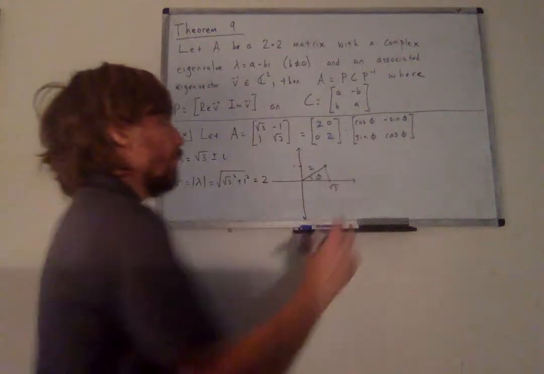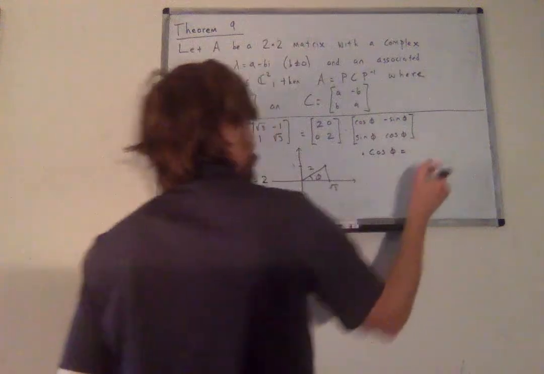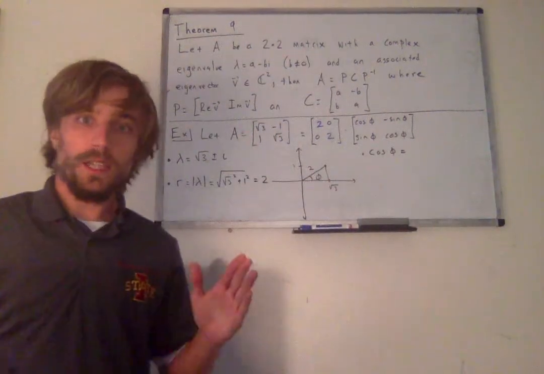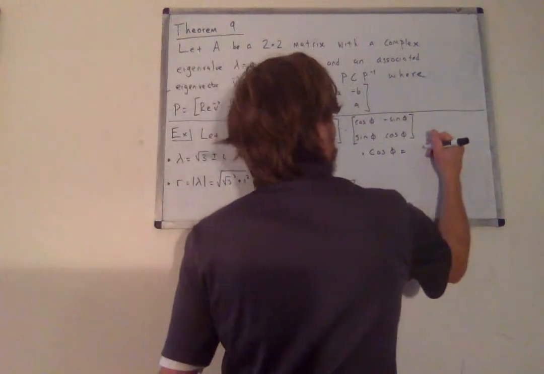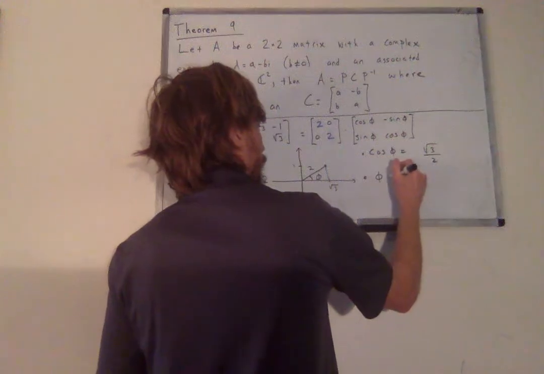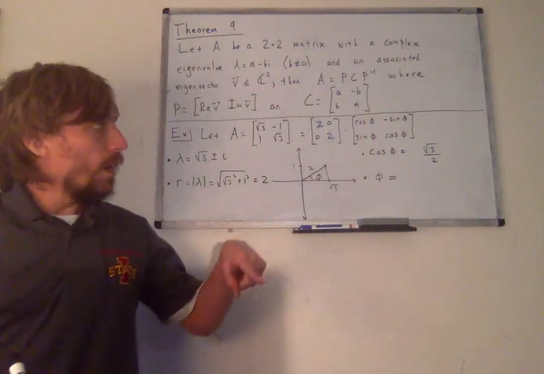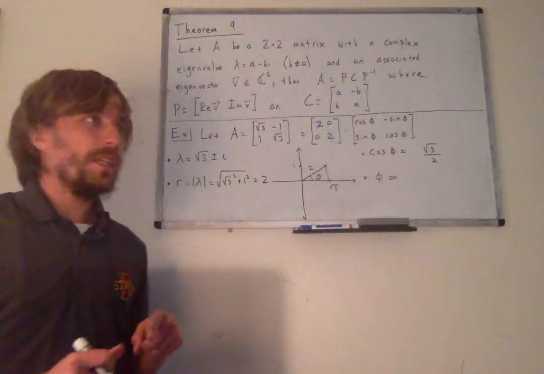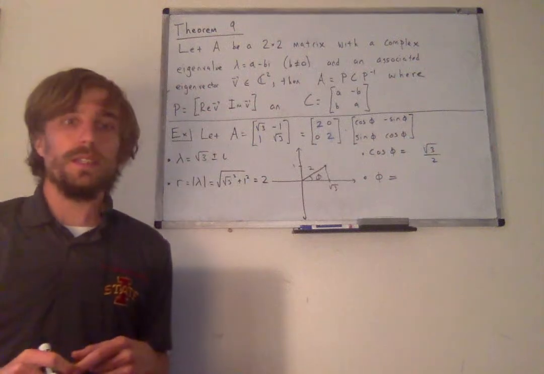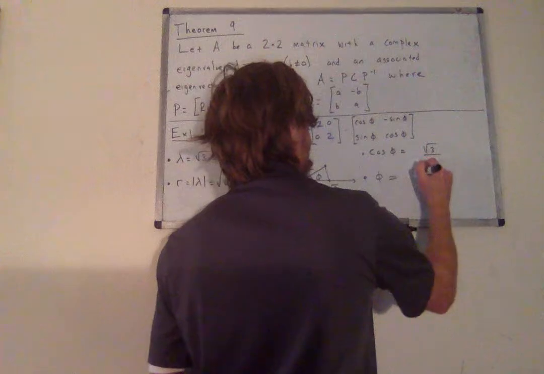If we want to find phi, we just need to look at either the cosine of phi or the sine of phi. Remember, the cosine is equal to the adjacent side over the hypotenuse. So cosine phi is equal to root 3 over 2. Using our trig and knowledge of cosine inverse, the angle between 0 and 90 degrees whose cosine is root 3 over 2 is the angle pi over 6 radians.